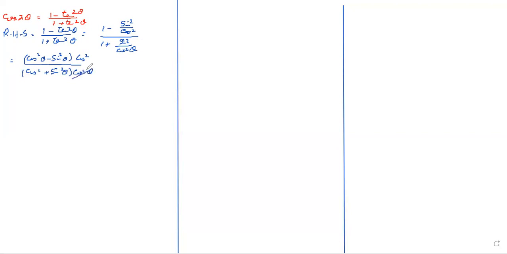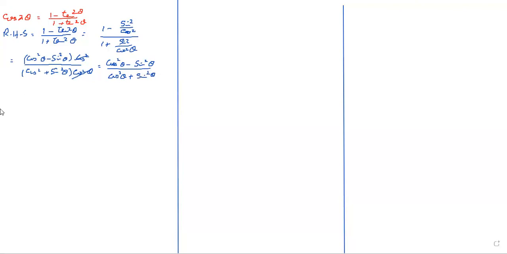So now cosine square theta got cancelled with cosine square theta, and we have cosine square theta minus sine square theta in the numerator, and the denominator is cosine square theta plus sine square theta.